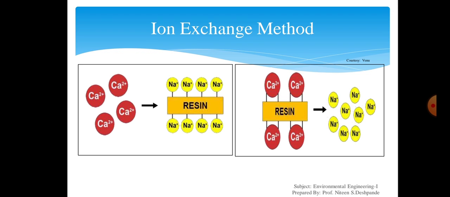Here you can have a look at the image. The resin or the zeolite material is used as a medium for the ion exchange method, to get calcium and magnesium separated from the water.